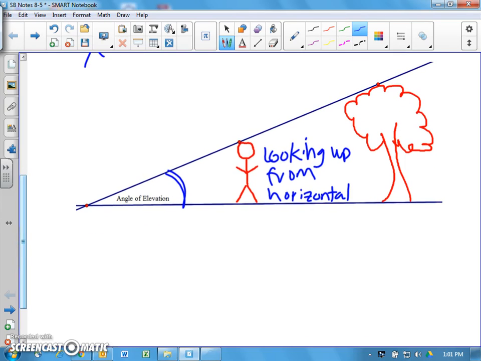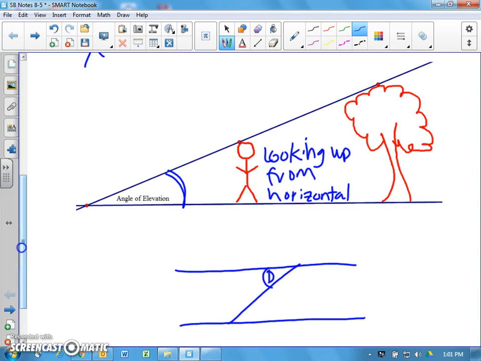This brings up an interesting situation. If this is our horizontal, this is my angle of depression, and this is my angle of elevation.